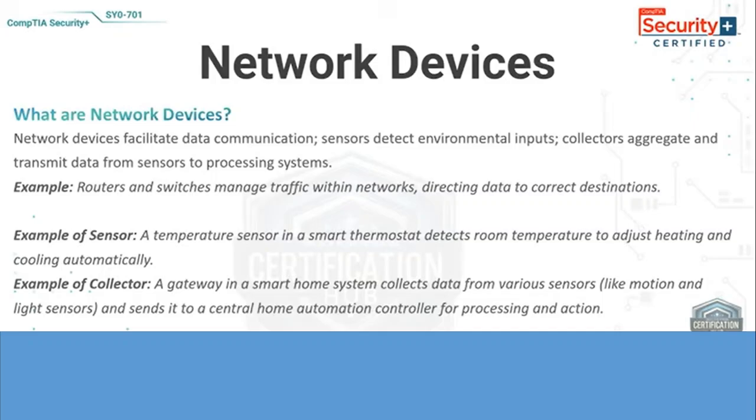If there is some motion or some light and the sensor senses these types of activities, it sends this to the central home automation control for processing and action. With cameras, if there is any movement detected, the camera will start recording, otherwise it will not record anything. These are examples of collectors.